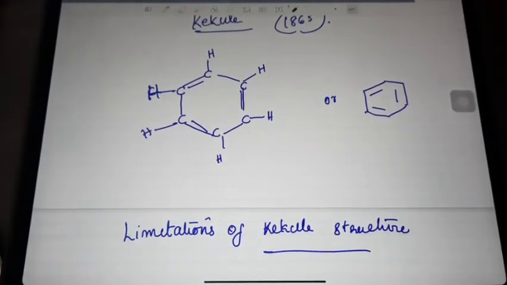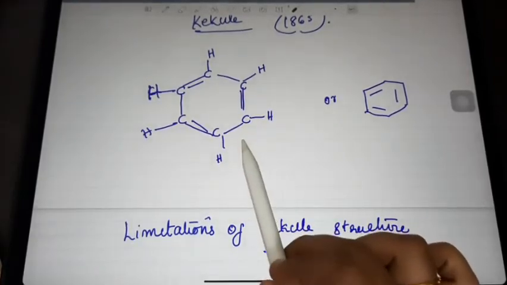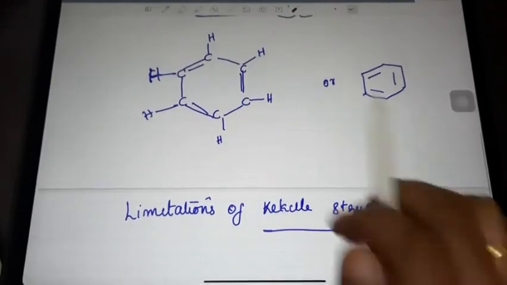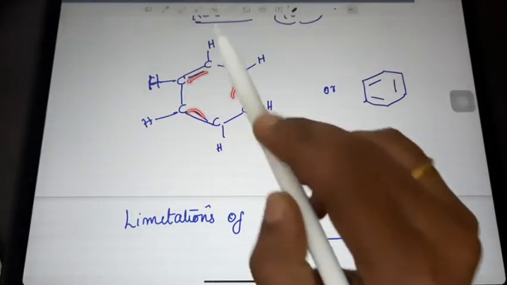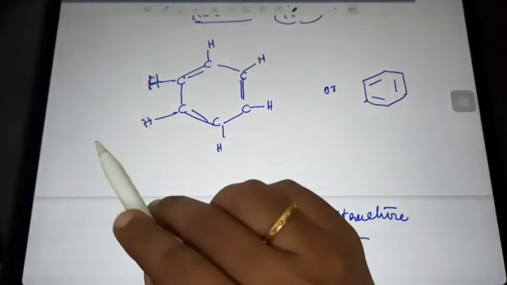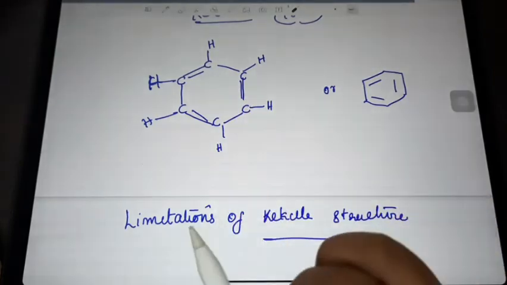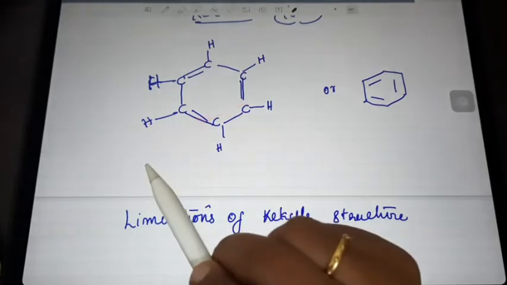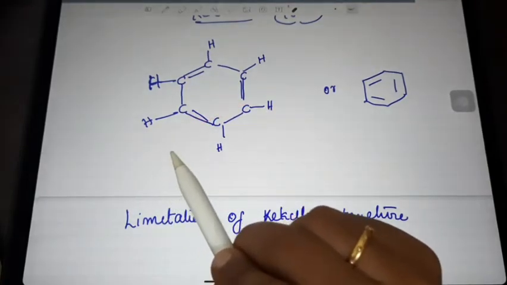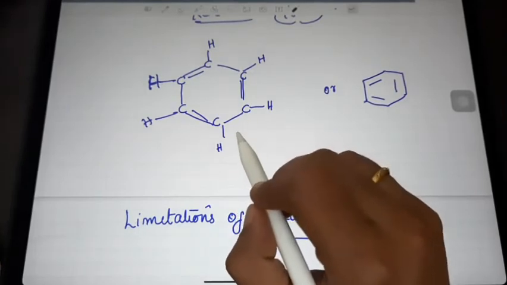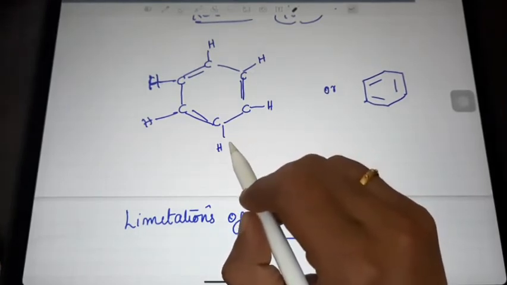Then there are certain limitations of this Kekule structure. The first one is the presence of 3 double bonds here. We think that because of these double bonds, it should be very reactive towards addition reactions. But this benzene does not follow addition reactions; it behaves like saturated hydrocarbons.